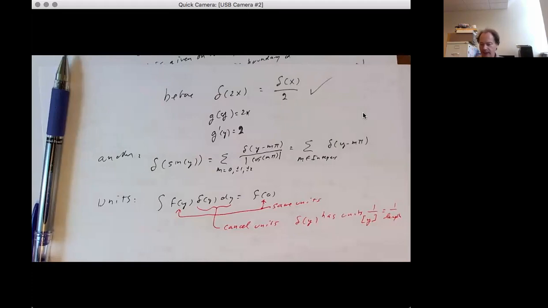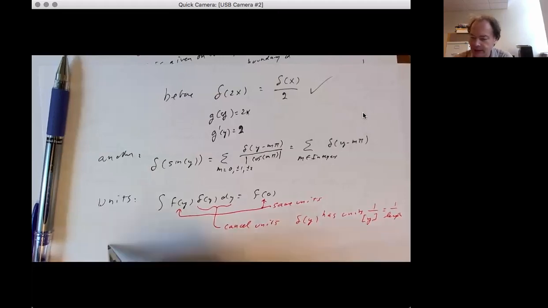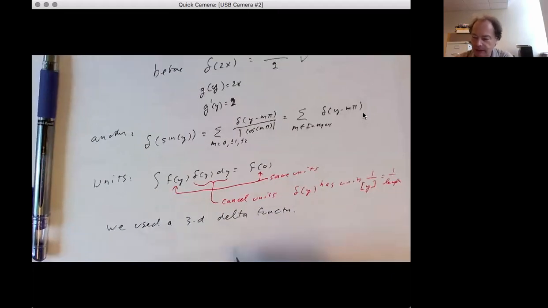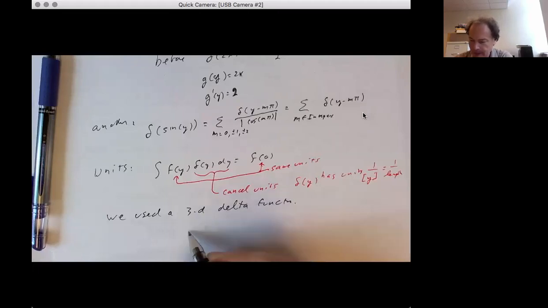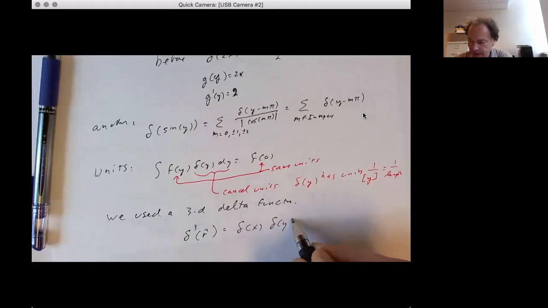What about a 3D delta function? Remember, we were using a 3D delta function. Well, the easiest 3D delta function to think of is delta cubed r is equal to delta of x, delta of y, delta of z.